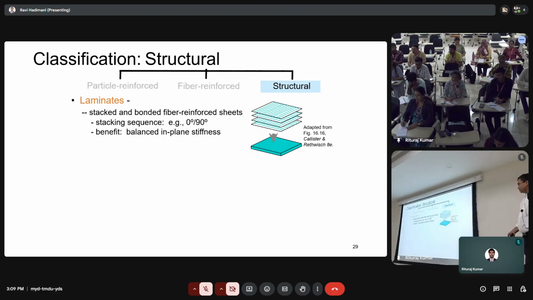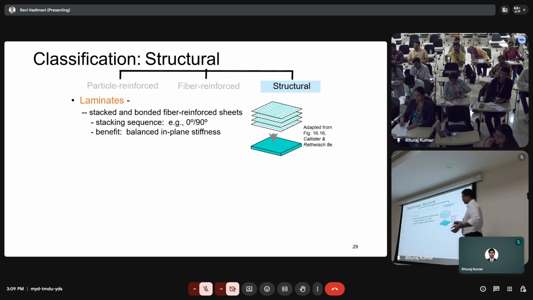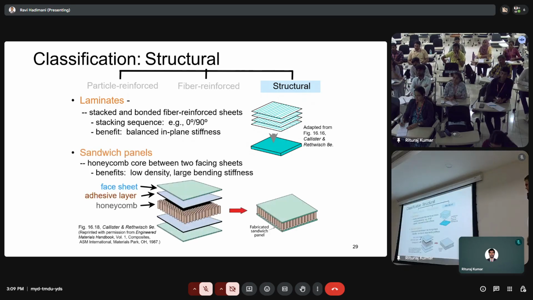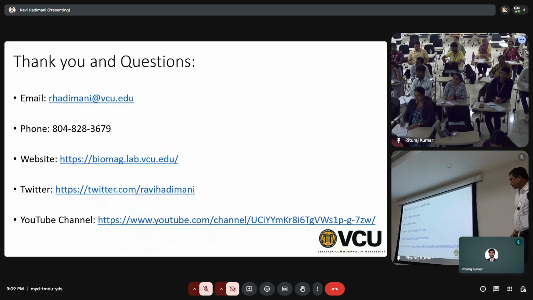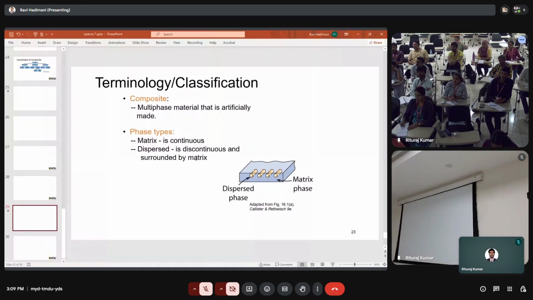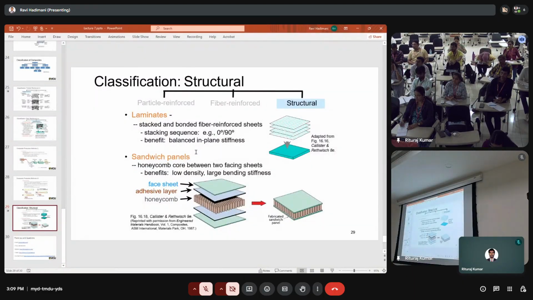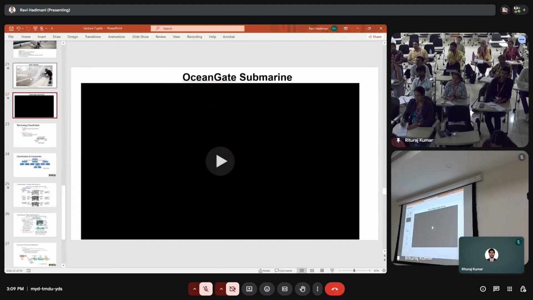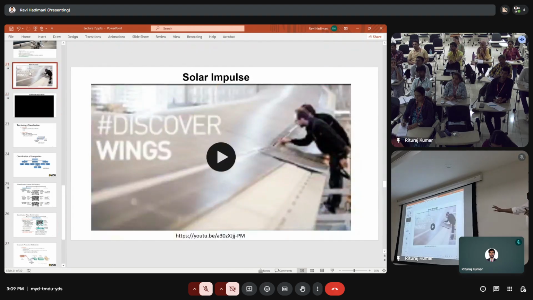In laminates, you take laminates and stack them together in multiple orientations to give you better strength. Or you can have 3D structures like honeycomb or some other parameters as well. I had another video. So this is the video that you saw, of Solar Impulse, right?